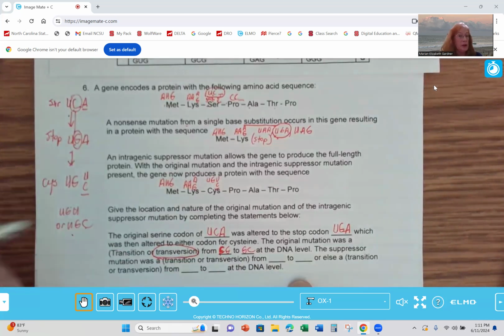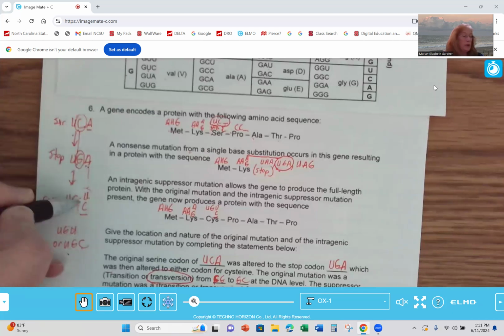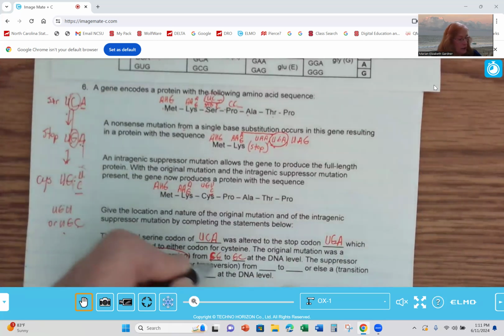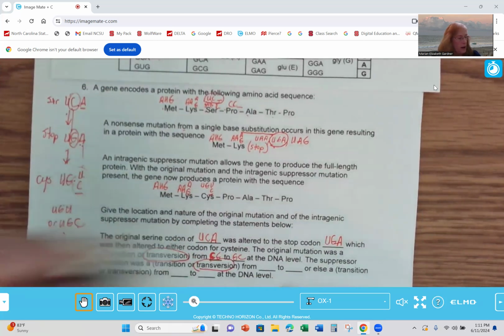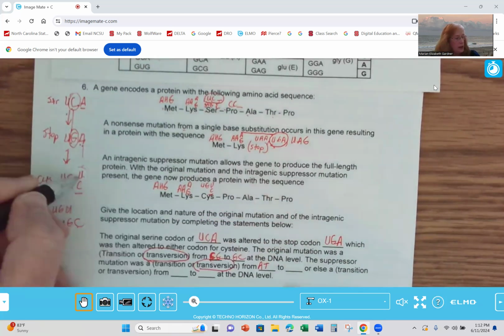The suppressor mutation went from A to either U or C. So no matter what, it's a purine going to a pyrimidine. So it's also a transversion from, we will say, an AT pair to either a CG pair or a UA pair.